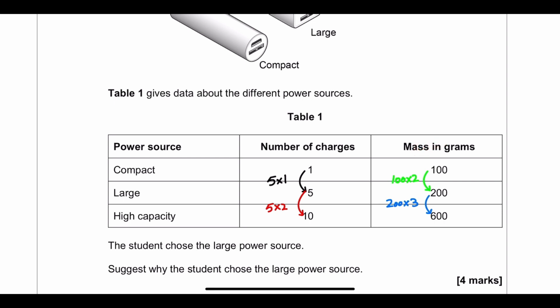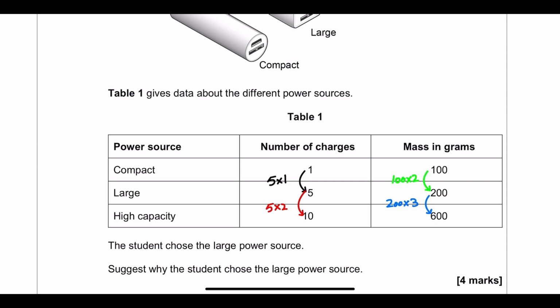The compact power source gives one charge, and the mass of the compact power source is 100 grams. Whereas the large power source gives 5 charges and the mass is 200 grams.